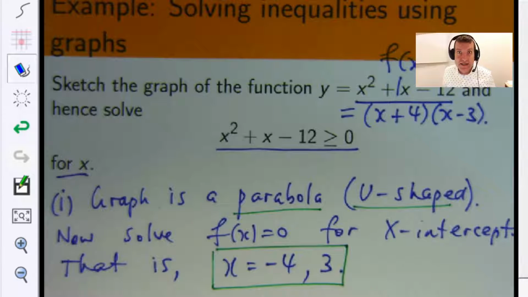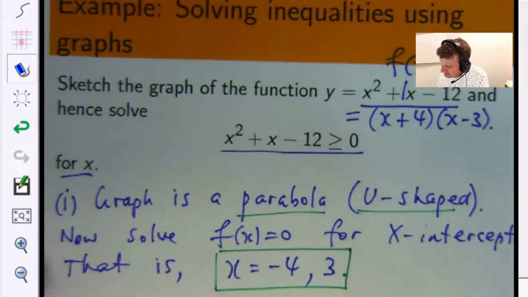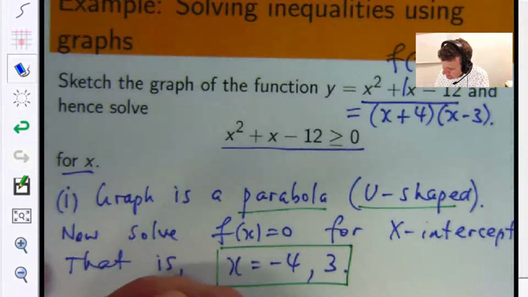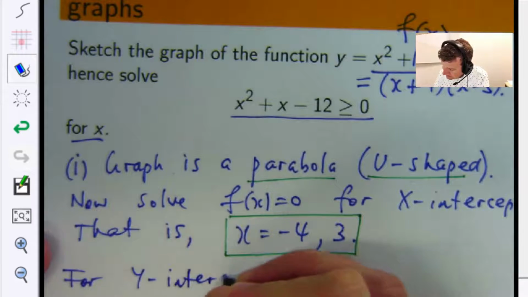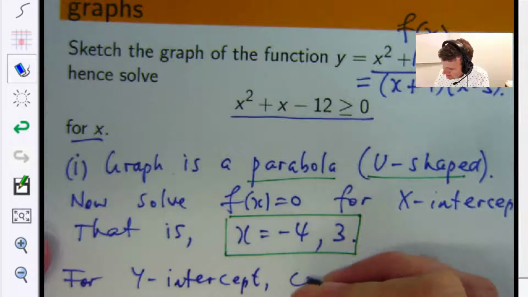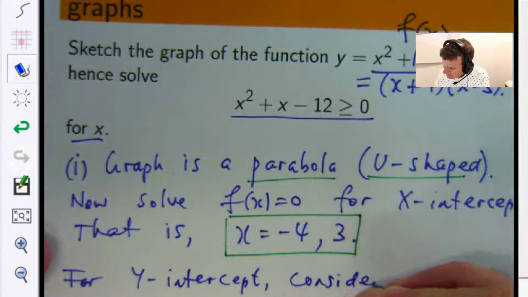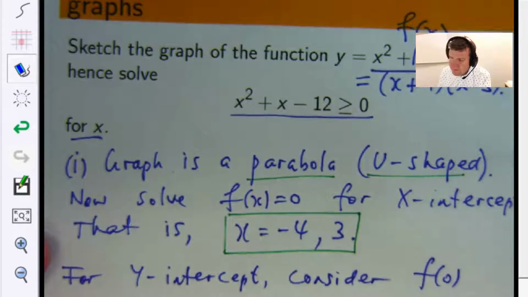All right, so we've worked out there's a parabola, it's U-shaped, these are the x-intercepts, and lastly, let's look at the y-intercept. Where does the graph cut the vertical y-axis? So to do that, let's consider f of 0.